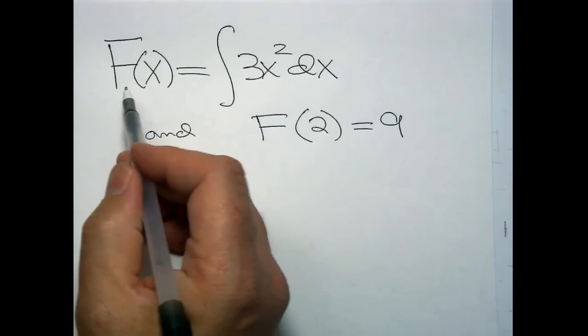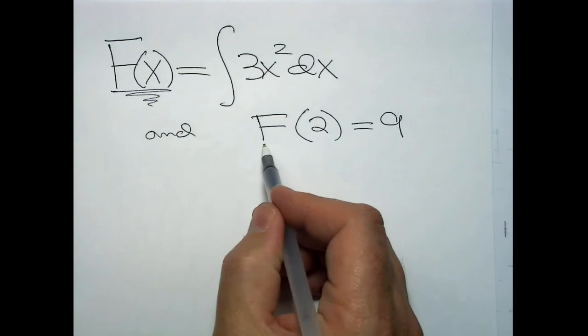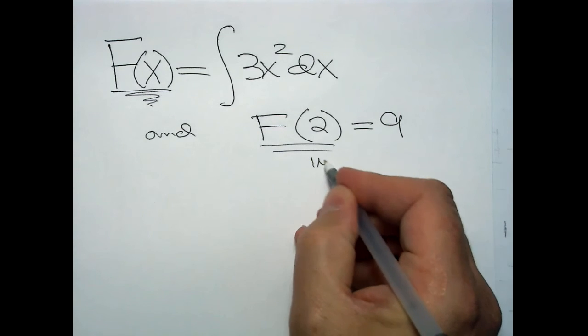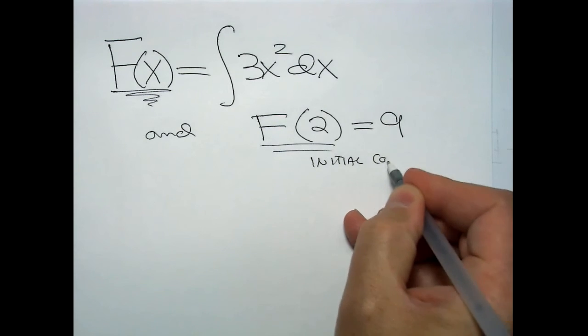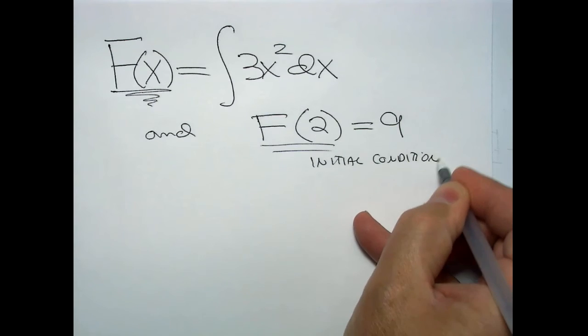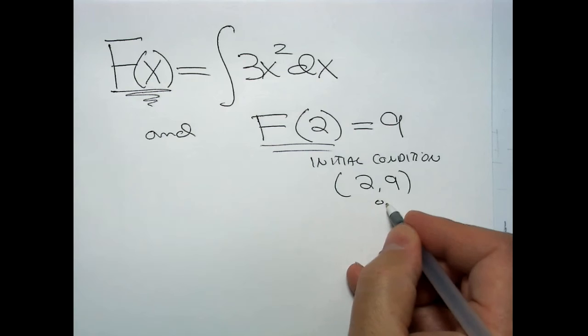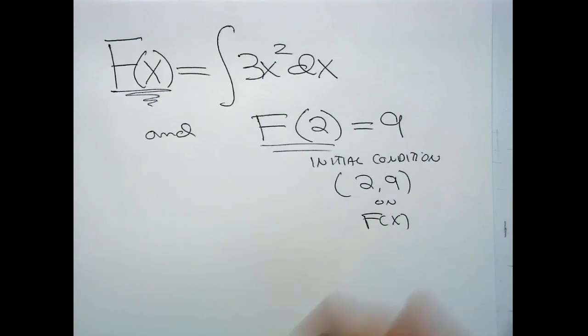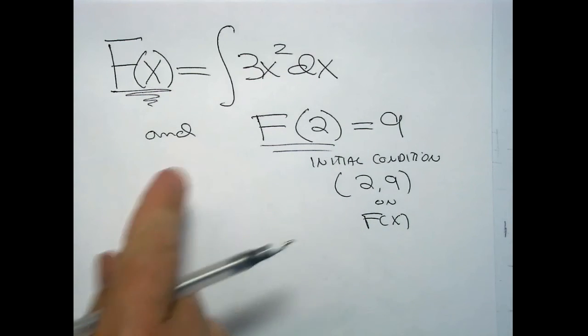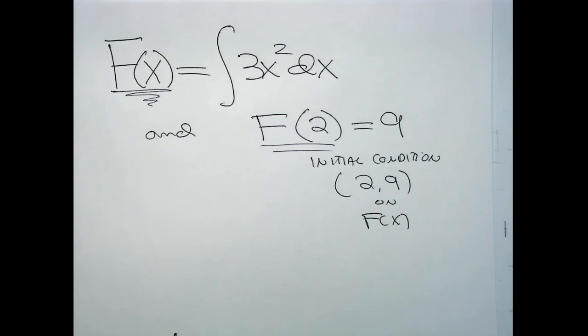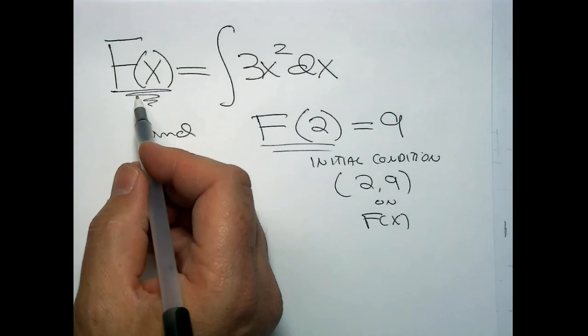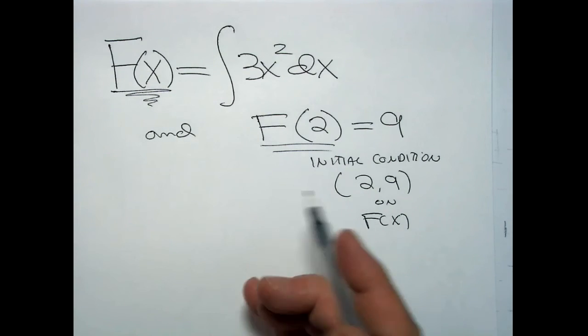What that means is I don't know capital F of x yet, but this is called an initial condition. And all it says is that the point 2 comma 9 must be on capital F of x. So let's see if we can do both of these together and discover capital F of x and figure out what C is supposed to be.